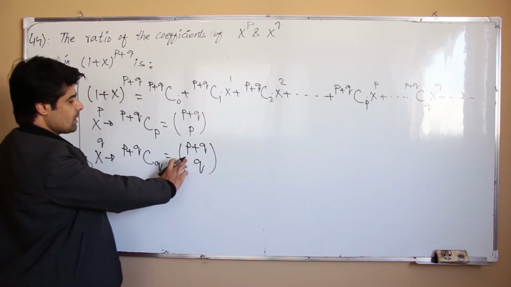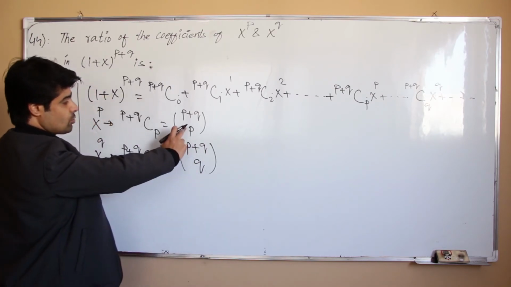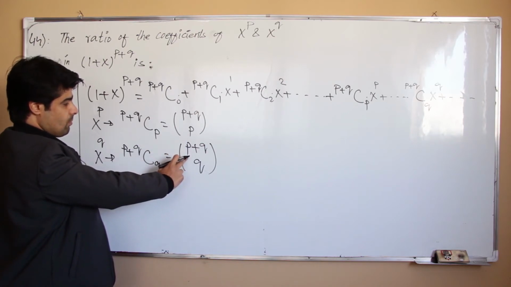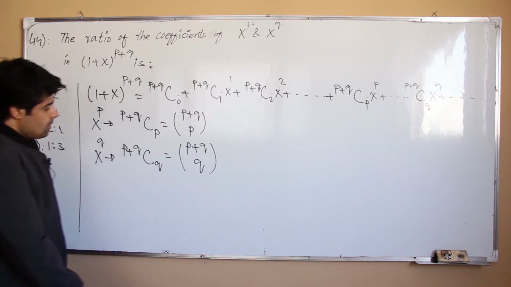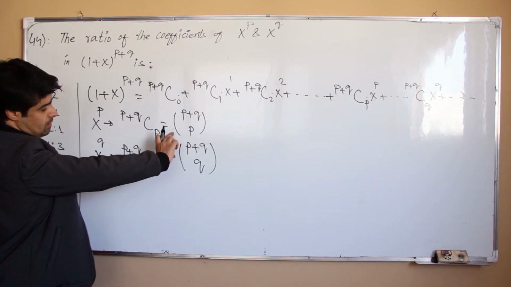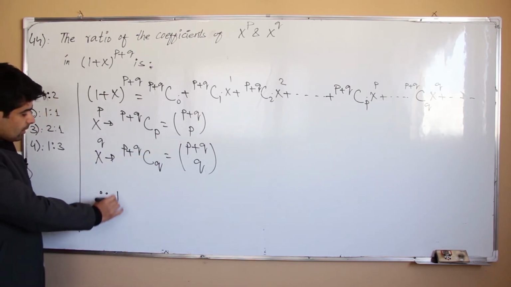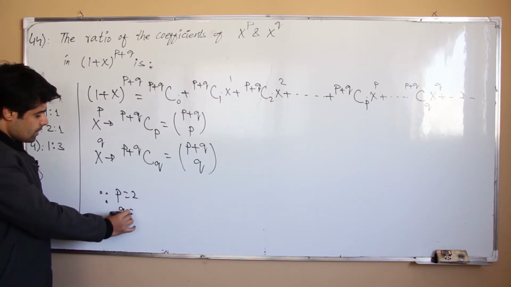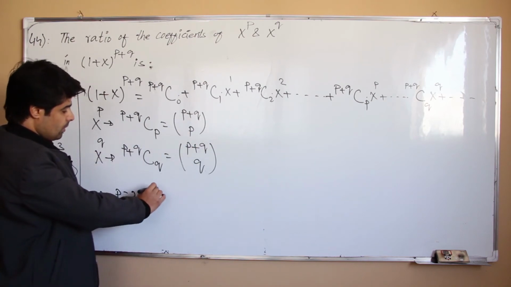Now, what is the ratio between these two? Are they the same, or in the ratio of 1 divided by 2, or 2 divided by 1, or 1 divided by 3? You can find this with an example. Listen to me. If p is 2 and q is, for example, 3, what is p plus q? It's 5.